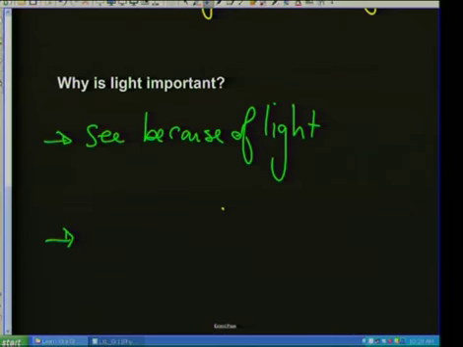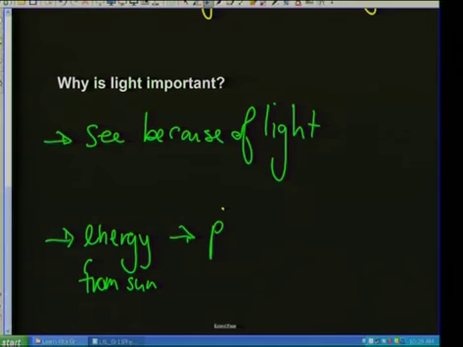But there's another aspect that I want to stress for you, and that is because light is energy, you will be sure to remember that we need food. And energy from the sun is converted in a process of photosynthesis. Photo, meaning light, synthesis, meaning to build. So plants and organisms that have chlorophyll in them would be able to photosynthesize.